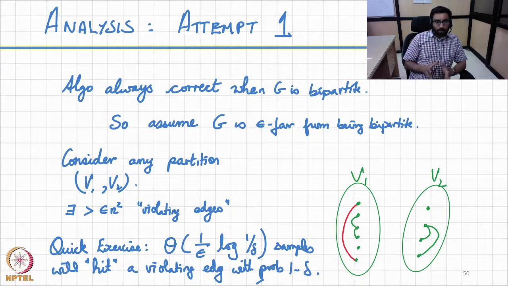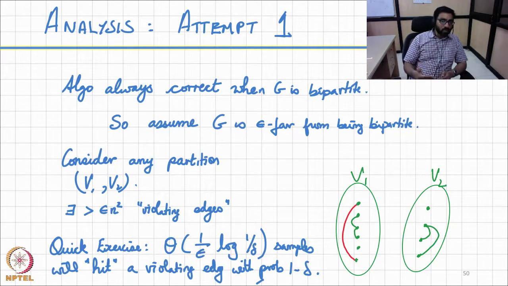What you need to show is that if you sample 1 over epsilon times log 1 over delta samples, you will hit such a violating edge with probability at least 1 minus delta.